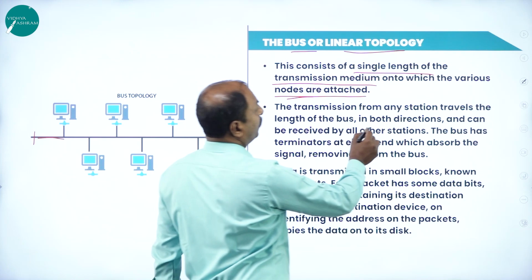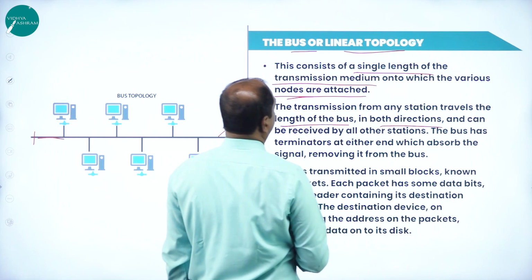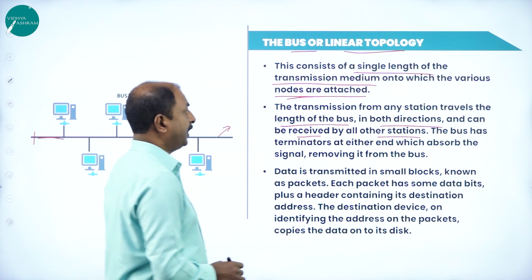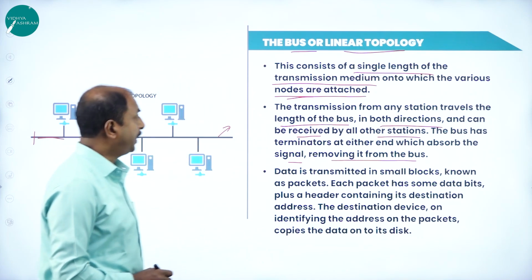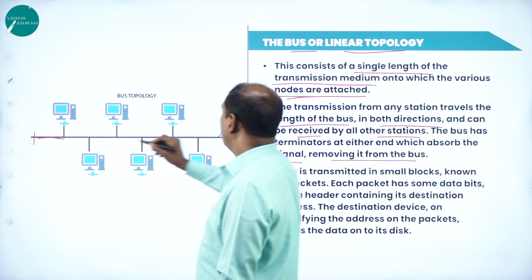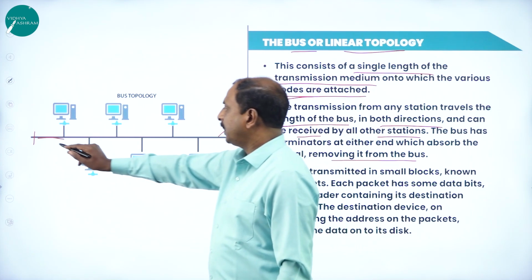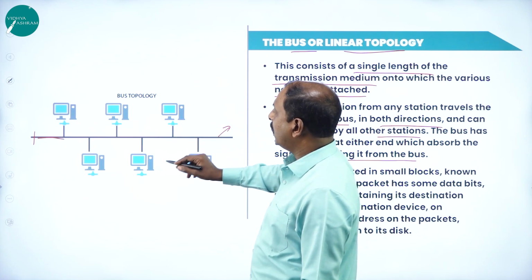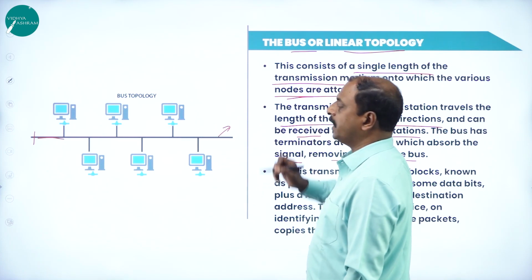The transmission from any station travels the length of the bus in both directions and can be received by all other stations. The bus has a terminator at either end which absorbs the signal, removing it from the bus. When any data communication takes place, all the data travels from one end to the other through the single transmission medium, and the messages go to the corresponding node, which absorbs that data from the transmission medium.